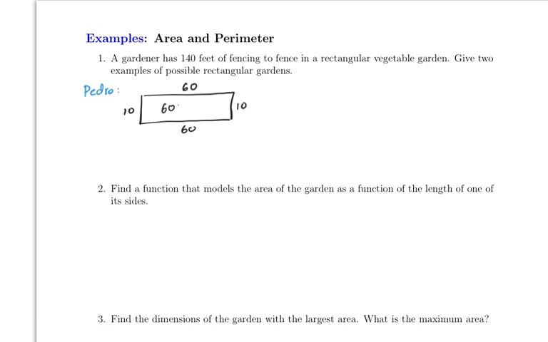It's 600 square feet. Just to make it more tangible and realistic, let's say the purpose of the garden is that you have boxes that are 1 foot by 1 foot, and you want to put the boxes in there. How many boxes can you put here if it is 600 square feet? Obviously it's 600. So you can put 600 boxes in there, and each box has one plant inside.